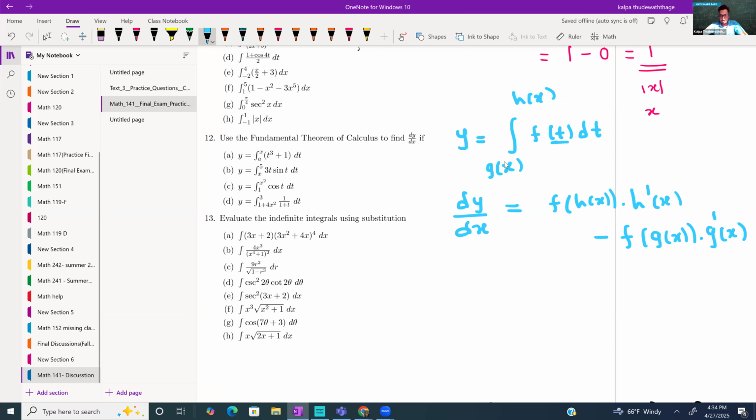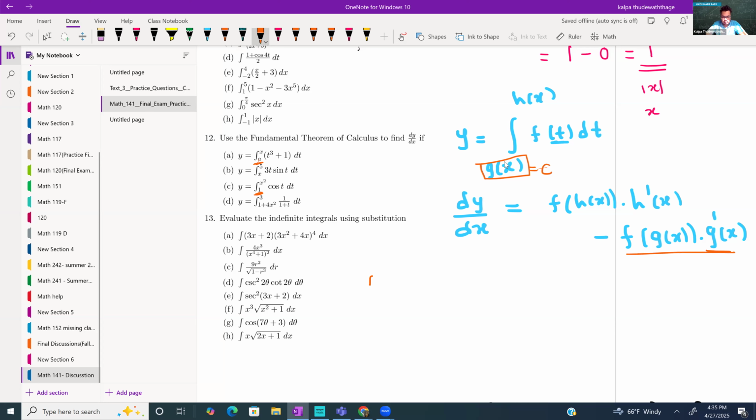If you have a constant anywhere here, for example in the lower limit, then g dash is 0. Say the constant is like c or a, or maybe 1 like here. In that case, you don't have the subtraction part. This is a very easy one.